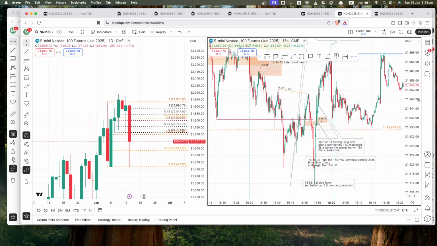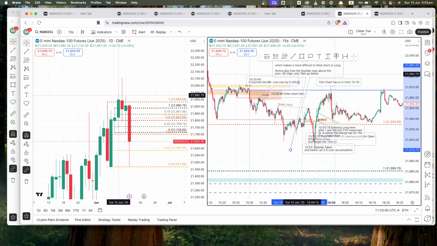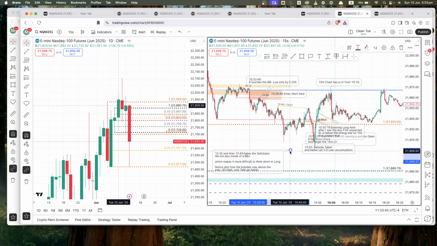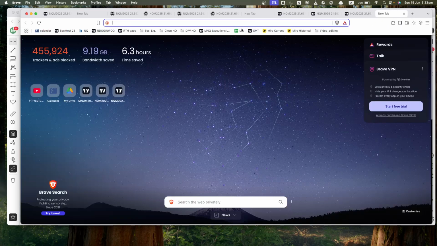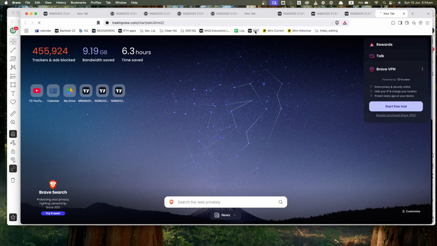And then here, notice, it takes the sell stops. And then at 15:51, we notice this SMT divergence with ES. So here ES makes a higher high, where NQ makes a lower high.